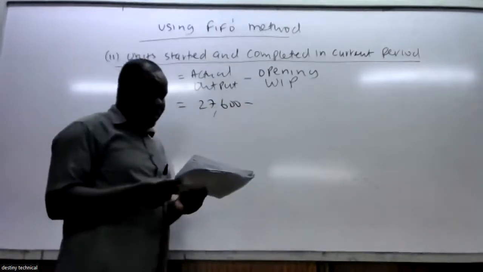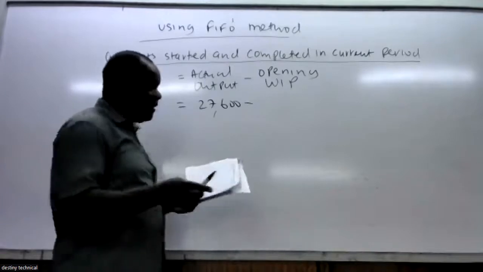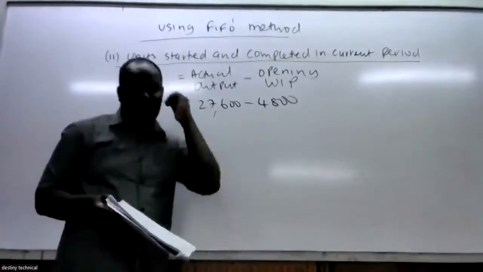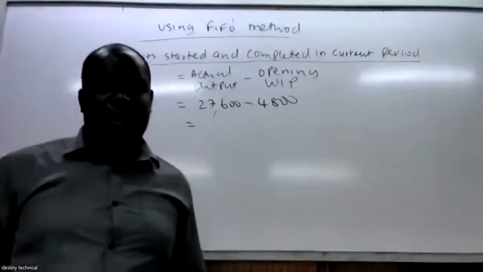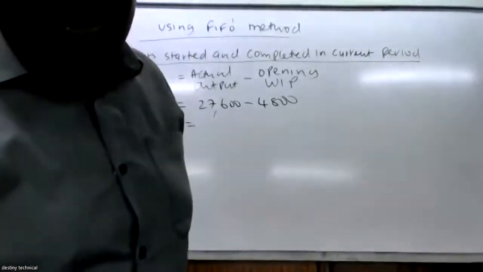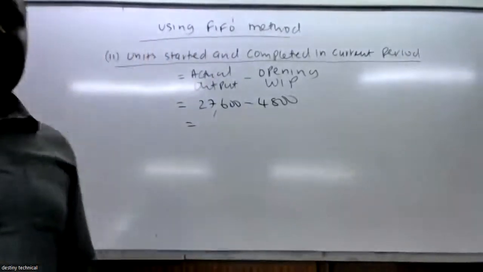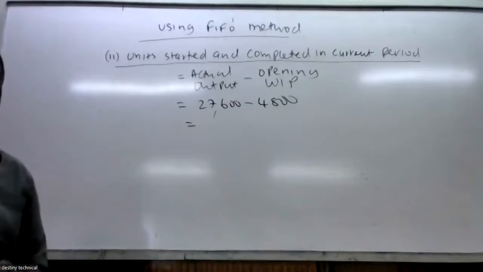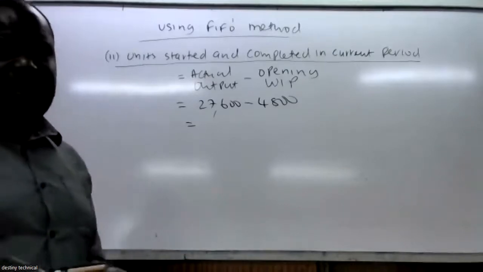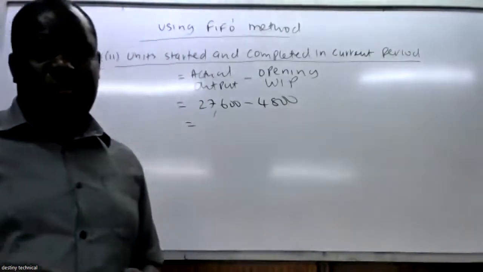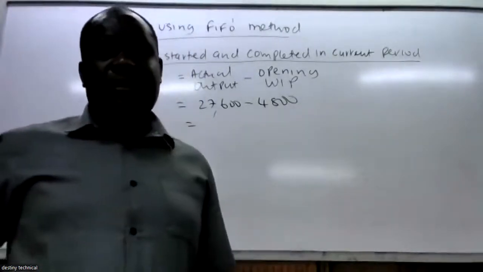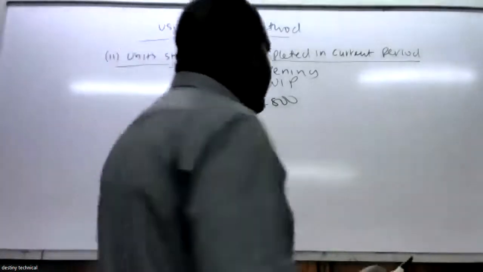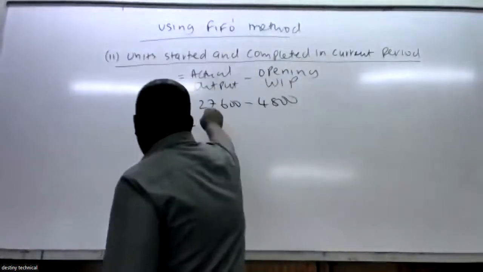Opening work in progress is given in the first paragraph as 4,800. The difference gives 22,800 units started and completed in the current period. That is our step number 2.